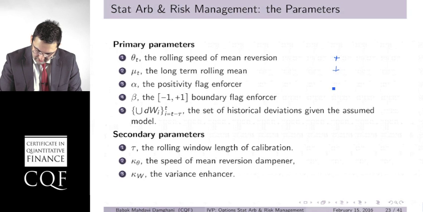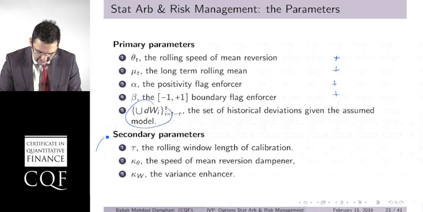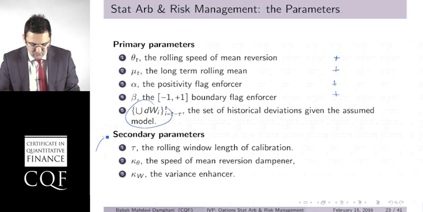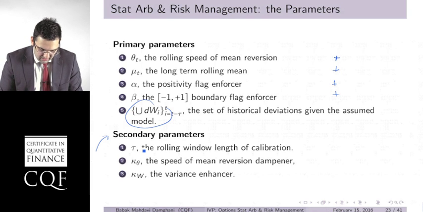You have alpha, which is the positivity flag enforcer. You have beta, which is the boundary flag enforcer. And you have your historical errors from your model. And then you have what I call secondary parameters, which are more there to optimize a little bit the backtests. I personally don't like it, but I've seen a lot of traders and a lot of risk managers quite keen on things that allow you to make the backtest a little bit more realistic.